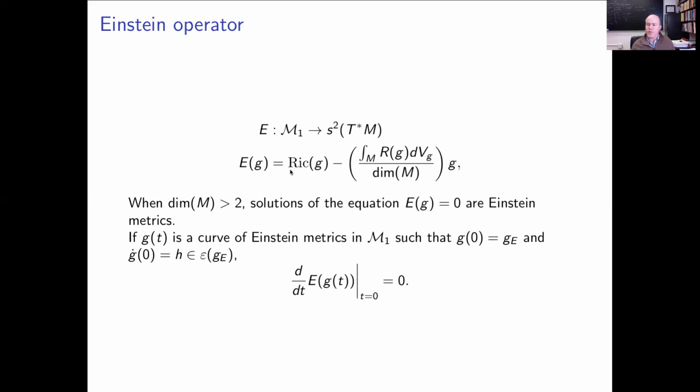It's a nice exercise in definitions and taking traces to show that E of g equal to 0 corresponds to the Einstein metrics. So if we have a curve of Einstein metrics going through our initial Einstein metric, whose initial derivative is given by a distinguished element h in our space epsilon of g, well, if we're actually moving along a curve of Einstein metrics, then this function will always be 0, and so the derivative in this direction will be 0.